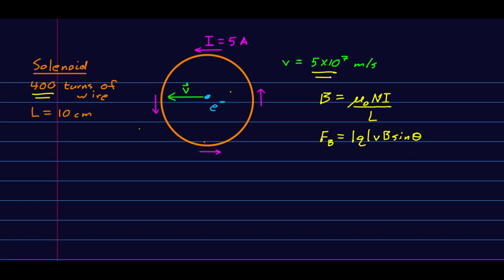So first of all, we should know about the B field inside the solenoid. Let's get the direction first. So the right-hand rule, again, is going to tell you that the B field inside the solenoid is out of the screen. So now we know the direction. Let's get the magnitude. I'm just going to plug the numbers in.